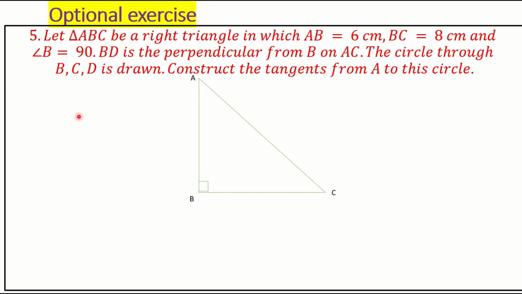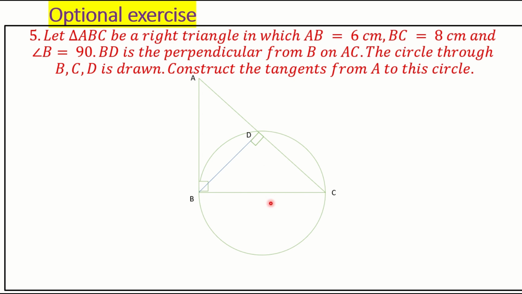This is also another construction problem. ABC is a right angle triangle with AB equal to 6 and 8, and B is 90 degrees. BD is a perpendicular from B onto AC, like this we will construct. A circle should be drawn through B, C, D. So how do you do it?